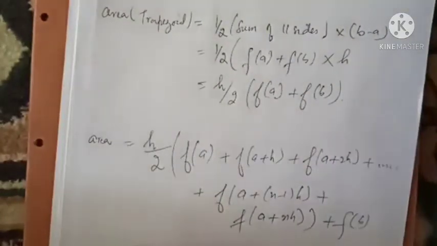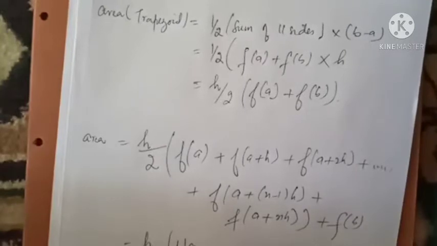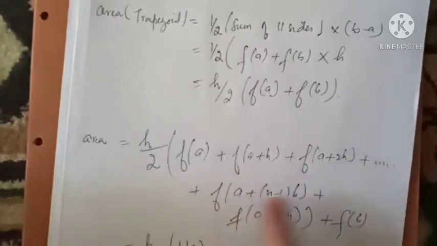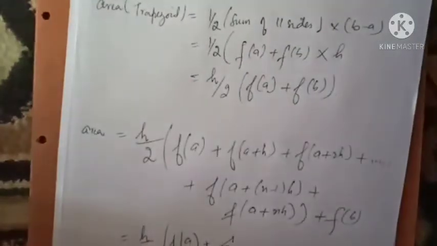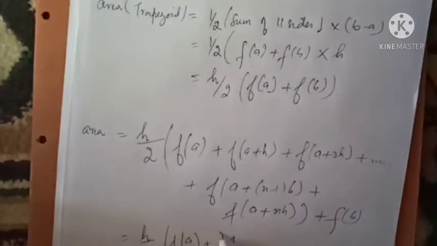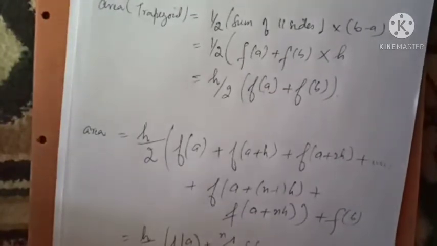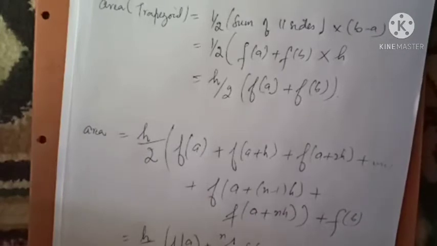This will be equal to h divided by 2 times f of a, plus the summation of the equal terms, i equal to 1 to n of f of a plus i times h, plus f of b.